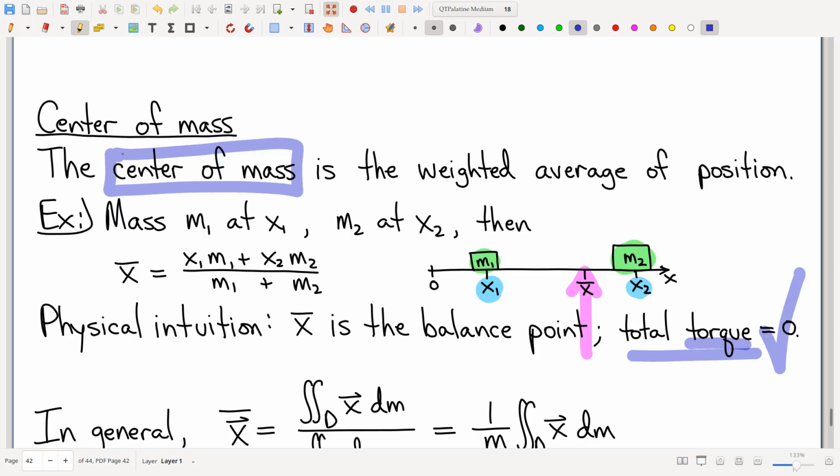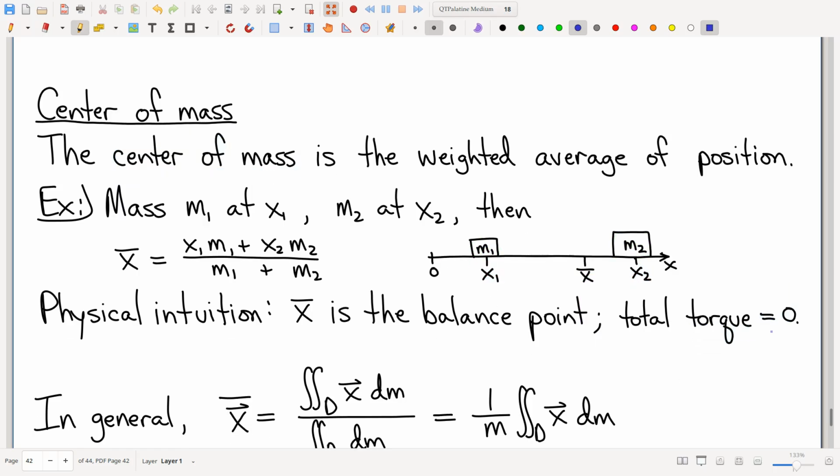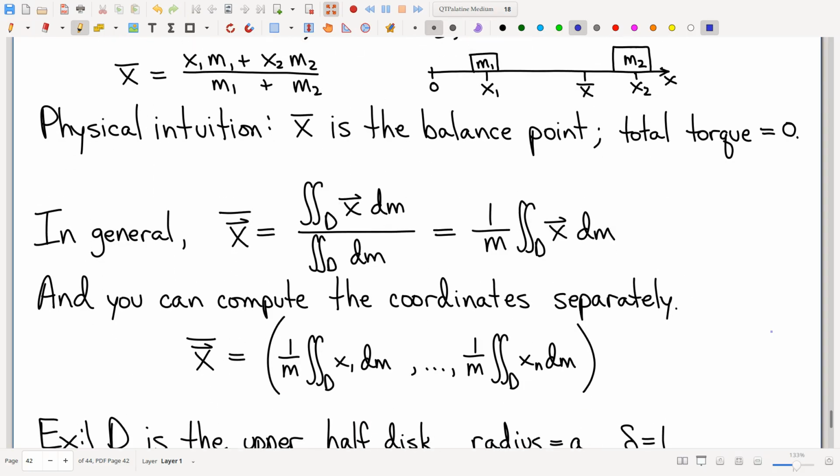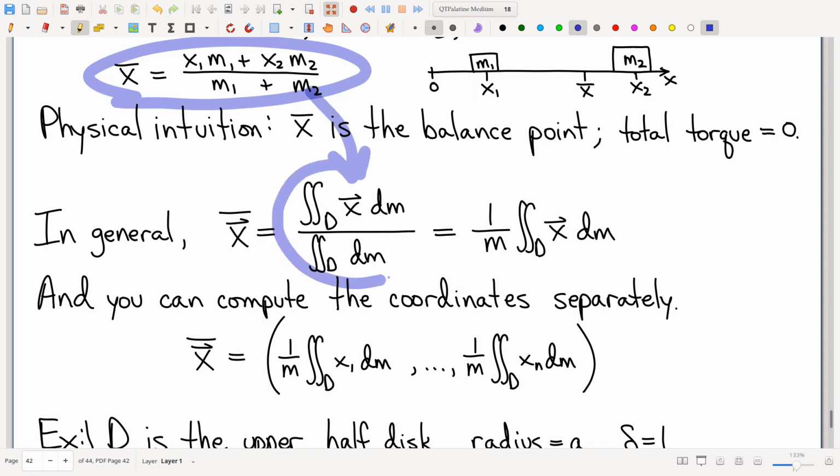All right. Okay, so motivated by that observation, the general version of this, here we did it for just two masses, discrete case, fairly simple. That generalizes to this right there. So if you have a distribution of mass, it's still a weighted average. The masses are the weights. Weighted average of position.